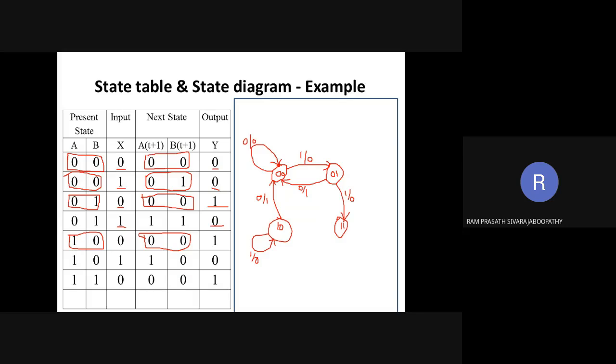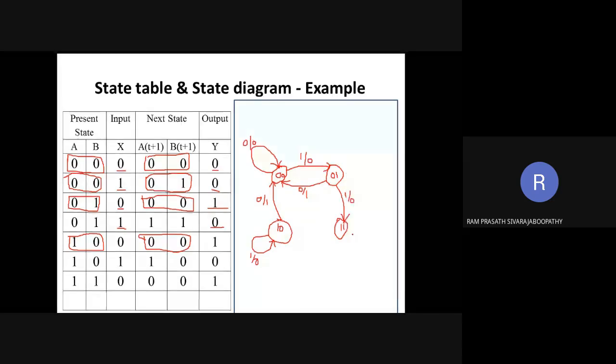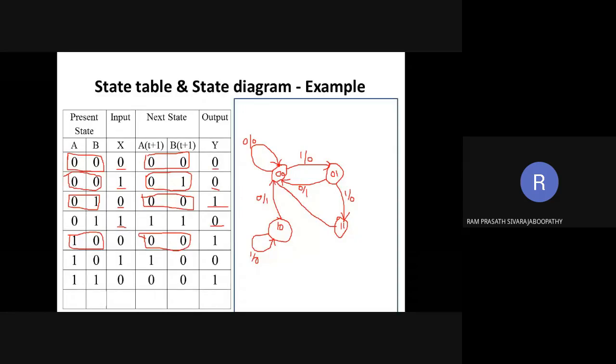So 1 1 is moving to 0 0. The input outputs are 0 by 1. The last combination is 1 1 to 1 0.